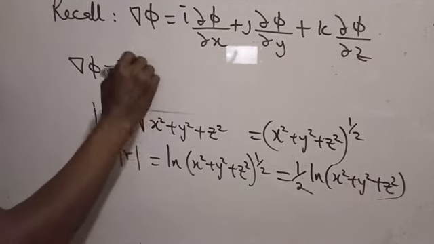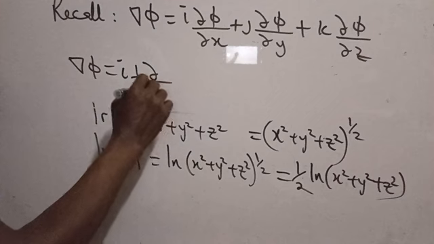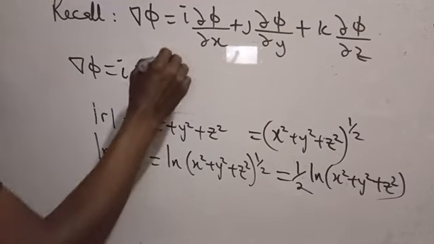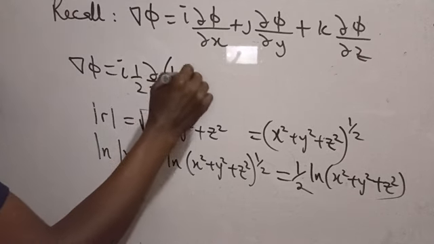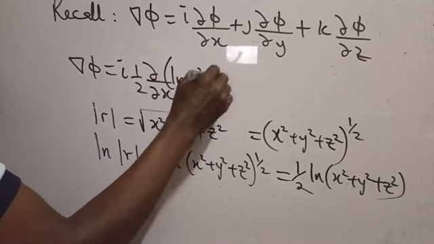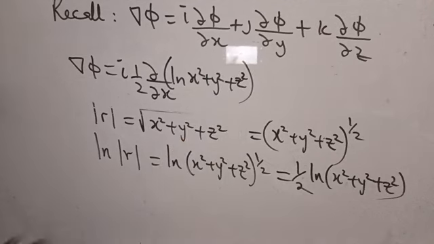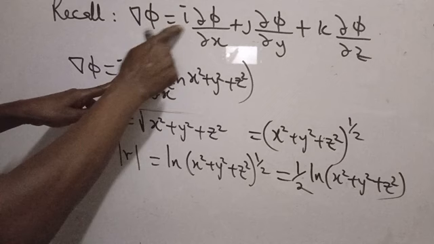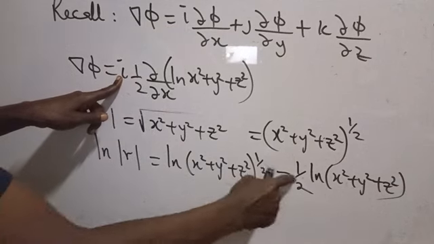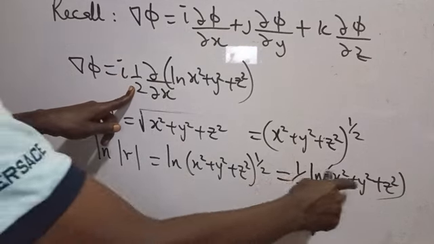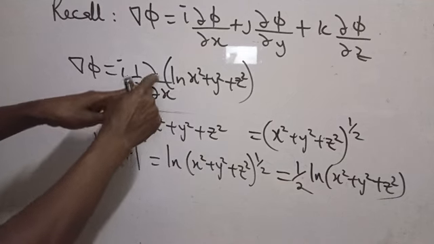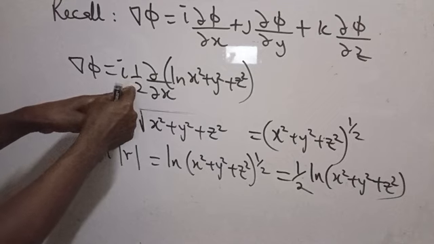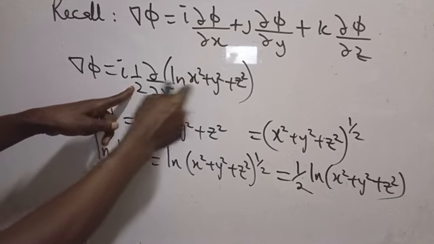We want d/dx of ln of x squared plus y squared plus z squared. I comes out first, then half, since it's a constant, you can bring the half out. So we have half d of this.